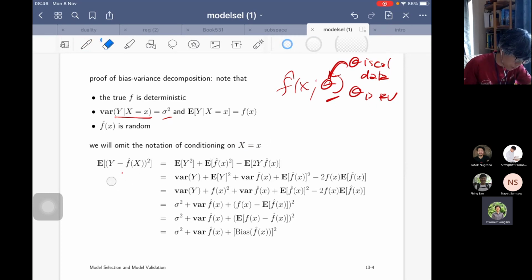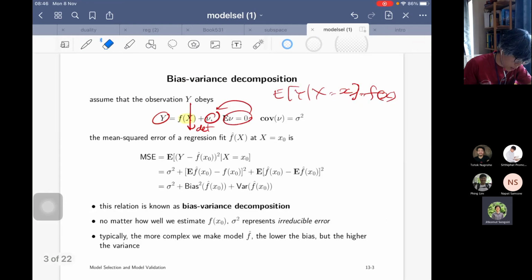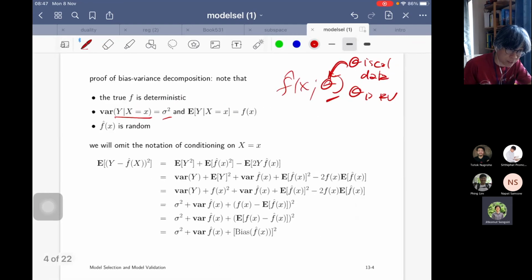First we take a look at the MSE. The mean squared error: we observe the error and then square it. Then we just expand the square, which everyone knows.